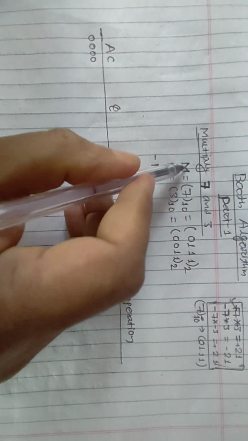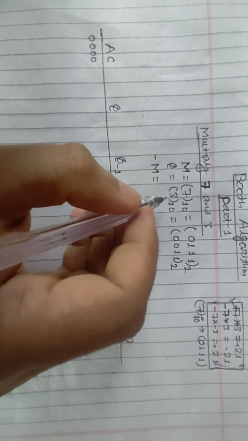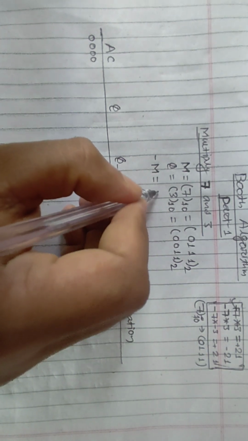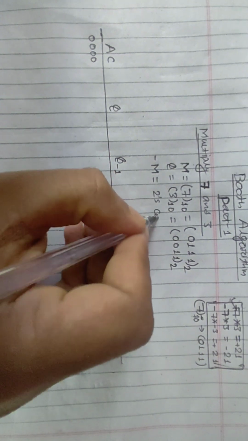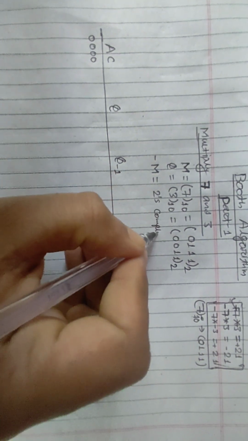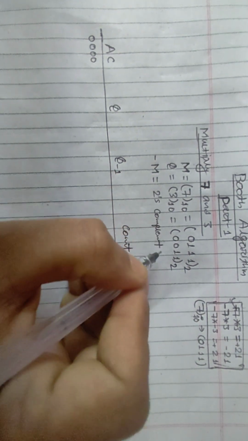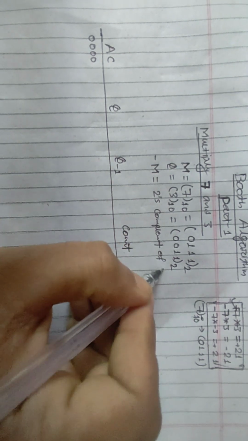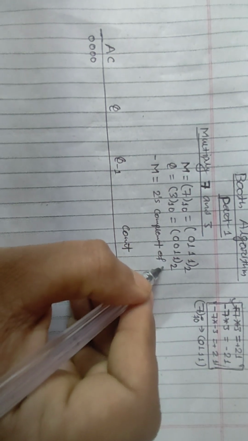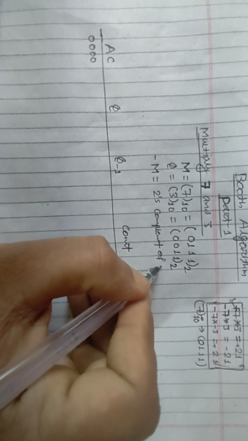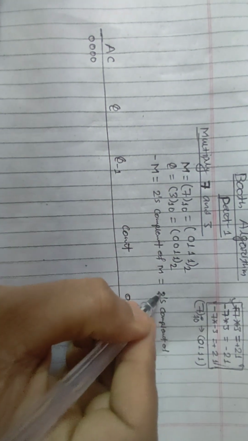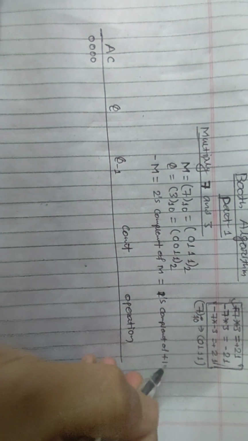To convert m to minus m, there is a simple process, and that is 2's complement of m, which will be the 1's complement of m plus 1.